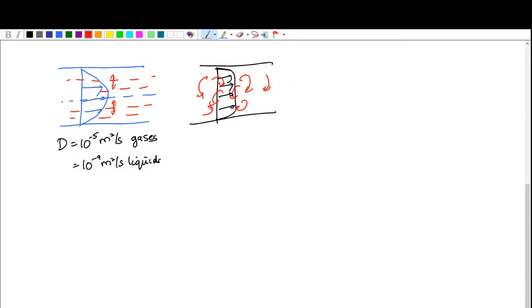Just to give you an estimate, if I take the length scale of these eddies as 1 centimeter and the velocity of these eddies as, let's say, 10 centimeters per second for a typical mean flow, then the dispersion coefficient is equal to L times V, which in meters squared per second will turn out to be 10^-3 meters squared per second.